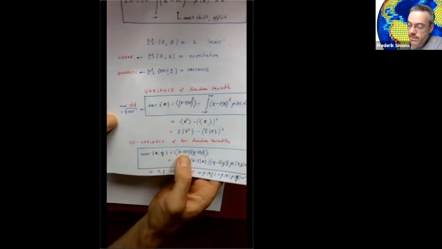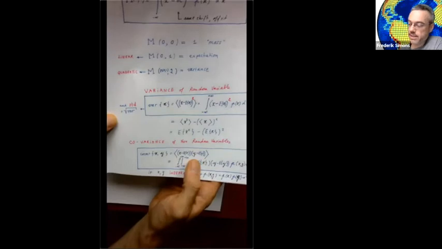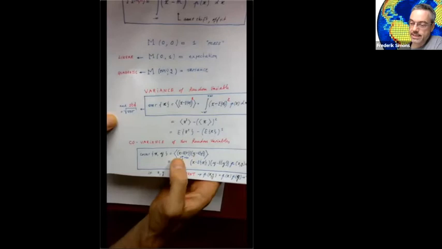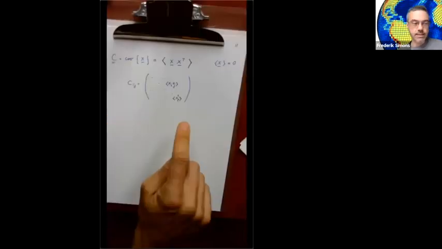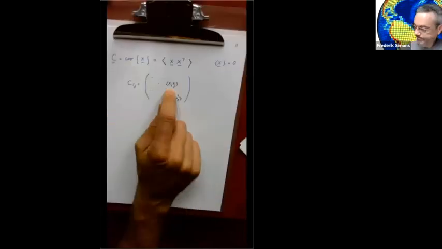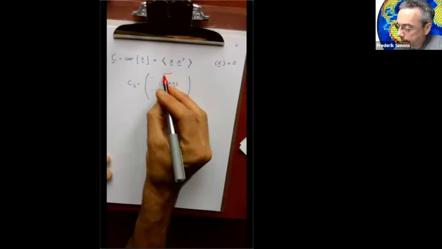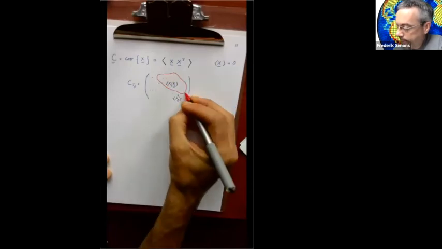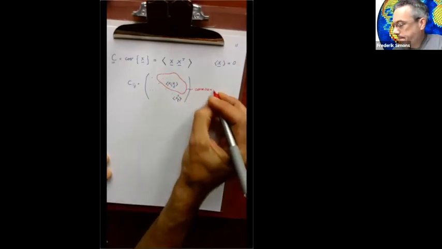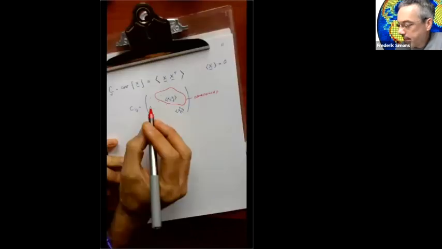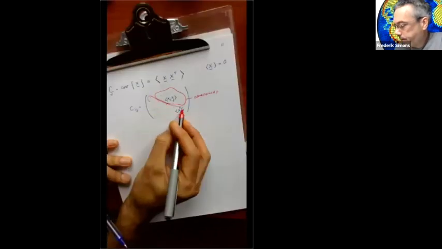I've now set the expectation of either of them to be 0, and so it is just averaging brackets of an x and a y as an element in this covariance matrix. So the off diagonals have all the covariances, and all the diagonals are the proper variances.